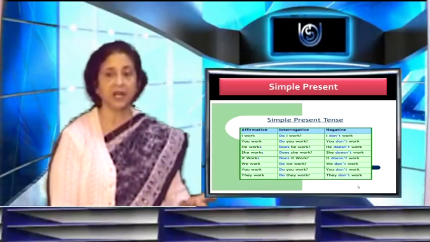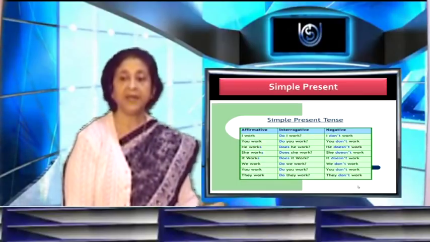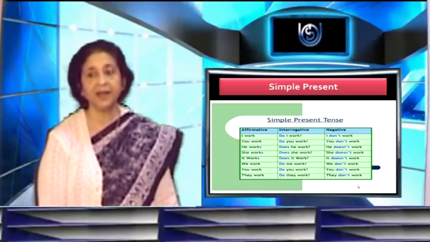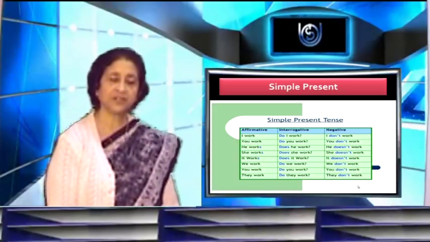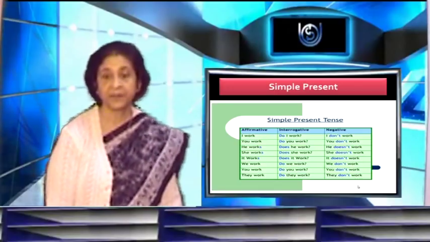We ask the question with does and the verb becomes the first form. And in negative, he doesn't work. Again, the verb becomes the first form, the S is removed, and it becomes doesn't.